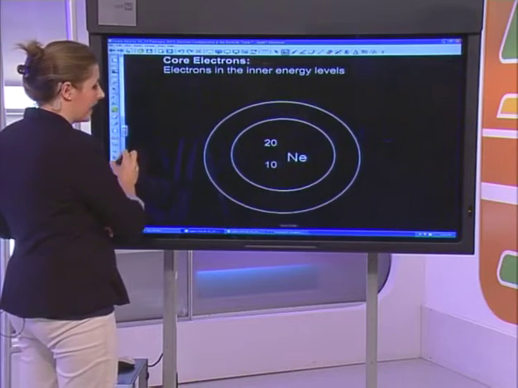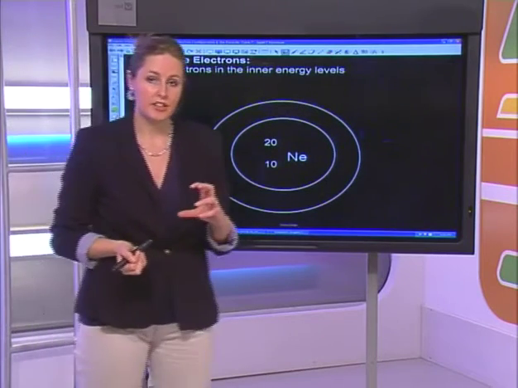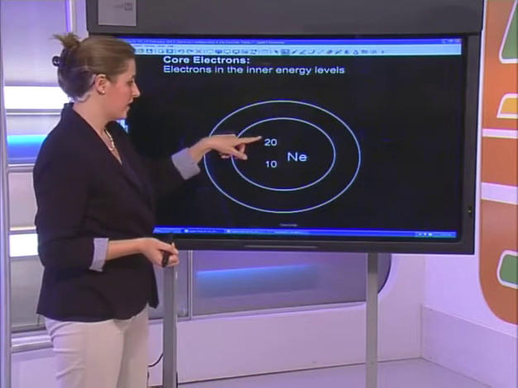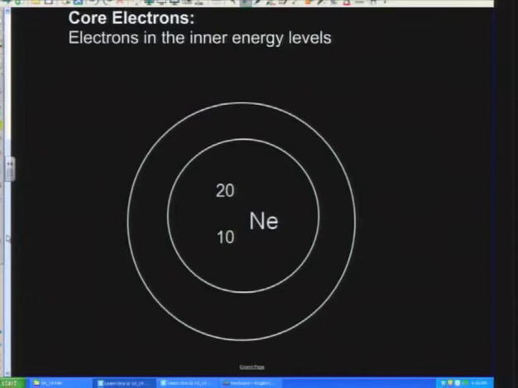I've got an example here of neon. Neon has 10 and a number 20. What do those numbers mean? We spoke about this last week. The 10 represents the atomic number, okay, which means the number of protons, positive.